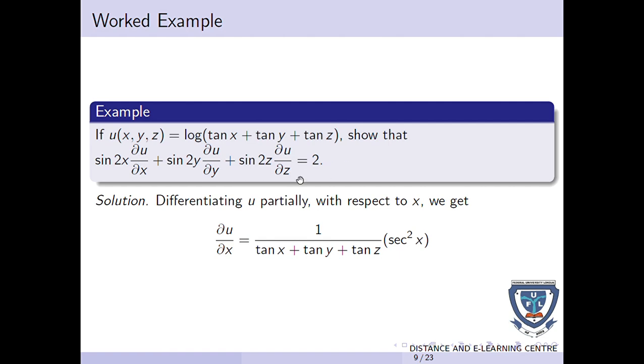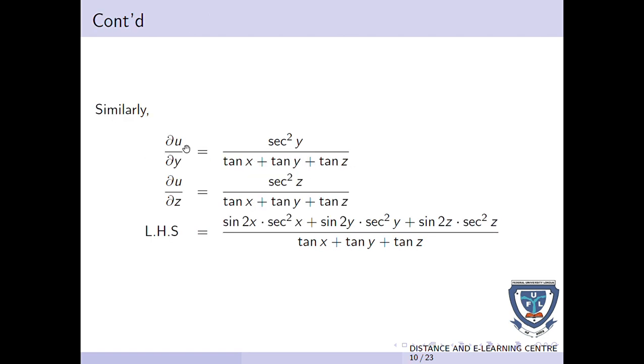Solution. Differentiating u partially with respect to x, we get partial u partial x to be 1 over tan x plus tan y plus tan z times sec squared x. That's the derivative. Then similarly, for partial u partial y, you have sec squared y over tan x plus tan y plus tan z, while for partial u partial z, you're going to have sec squared z all over tan x plus tan y plus tan z.